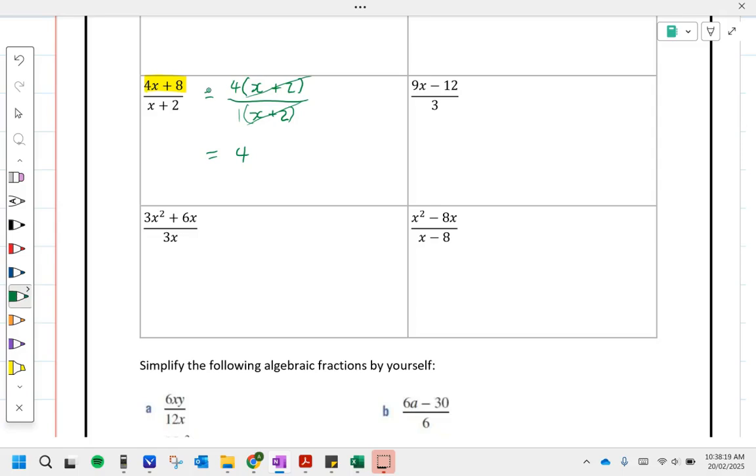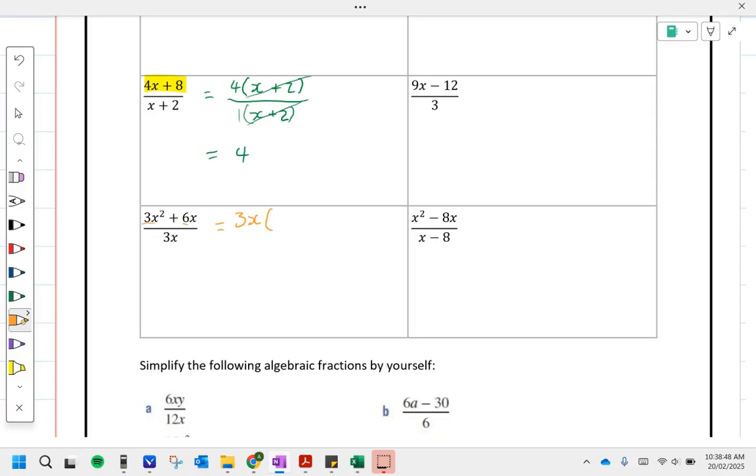So why don't I go through this one down here as well, and then you can have a go with these two on the right. So 3x squared plus 6x is not factorized because of that plus sign. We need it to be times. So I'm going to introduce brackets. We're going to ask ourselves, what's the highest common factor we can take out from both terms? They're both divisible by 3, and the smallest x is just x.